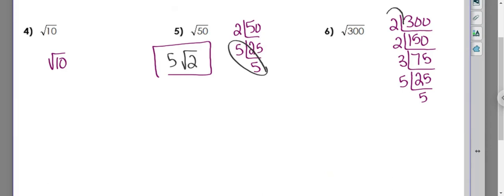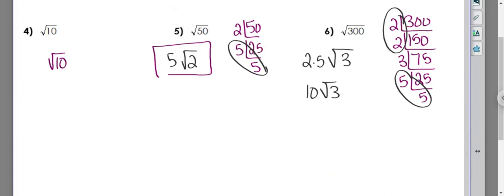So as I'm circling the pairs, I have 2 times 5 with a 3 left. So make sure you don't circle things so much that you lose track of the one that isn't in the group. So that would be 10 root 3.